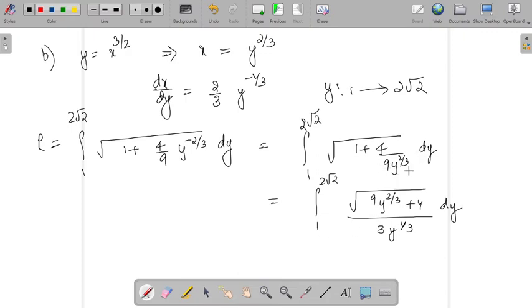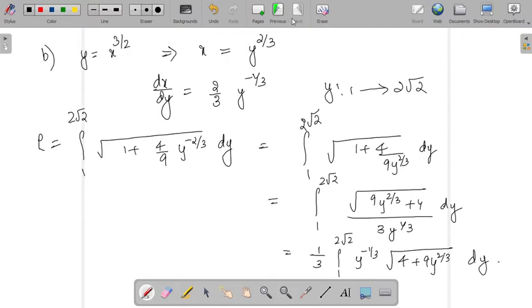I have taken 9 y raised to 2 by 3 out of the square root. So that will be 1 by 3 integral 1 to 2 root 2 y raised to minus 1 by 3, root of 4 plus 9 y raised to 2 by 3 dy.